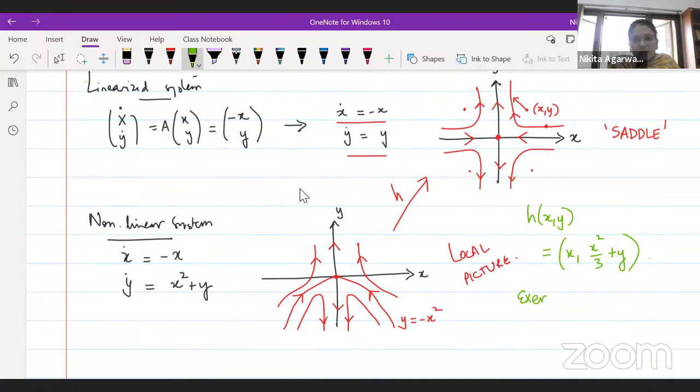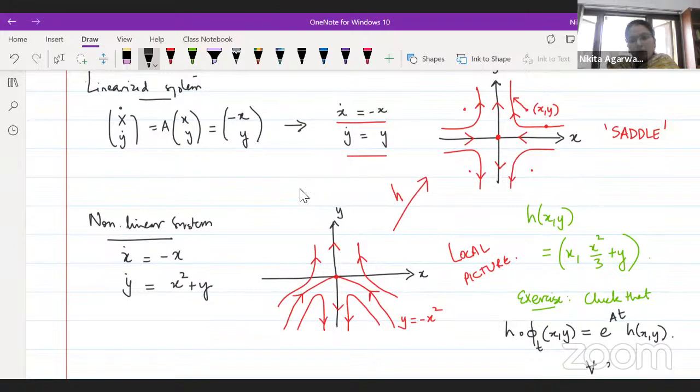So exercise, check that h composed with phi t of x y is equal to e to the A t h of x y for all x y in R2.